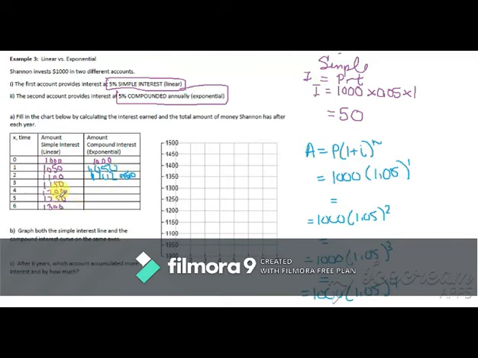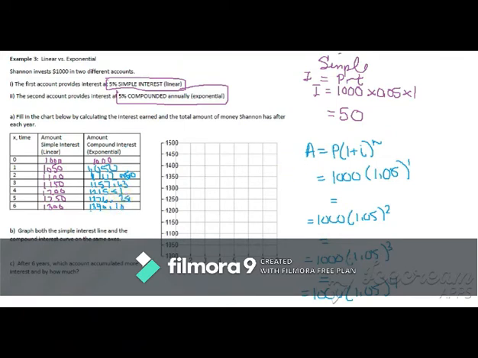Then 1,157.63. Then 1,215.51. Then 1,276.28. And then 1,340.10.